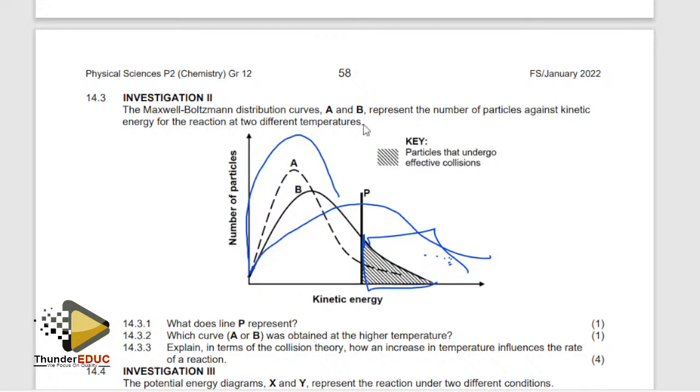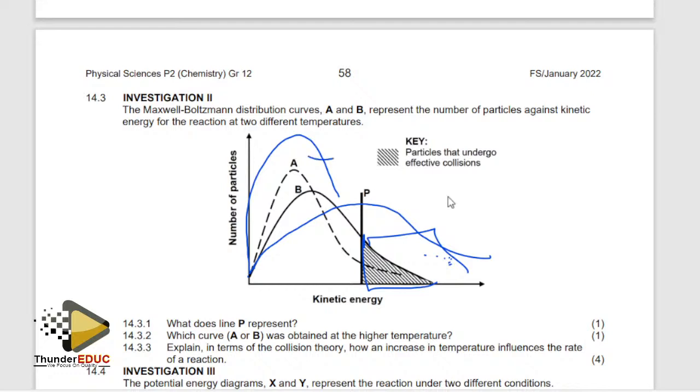Then now when they ask you how do you explain the reaction using the collision theory, or the increase in temperature or catalyst, please make sure that you know. When you explain this, there are some things we are looking at.